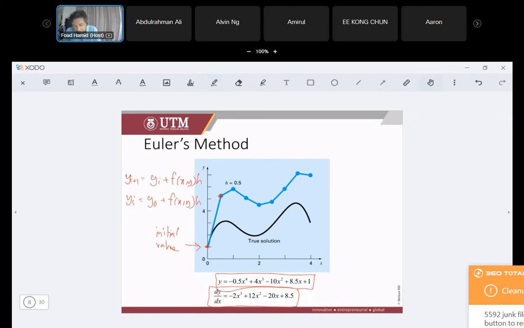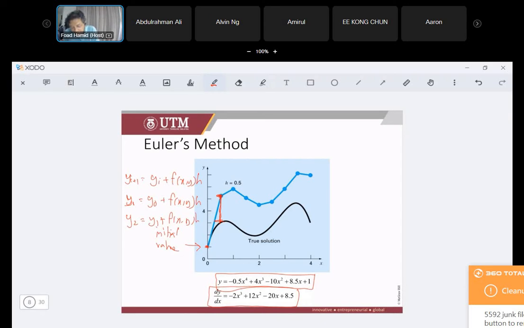Now take a look, our y1 already has an error. So based on y1, this is not yi, but y1, we can find y2.